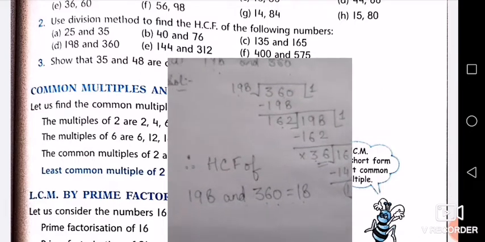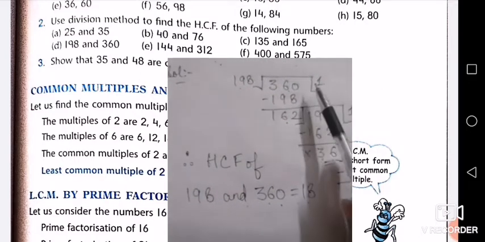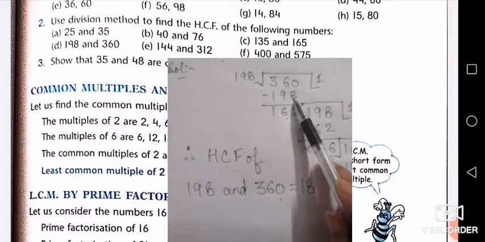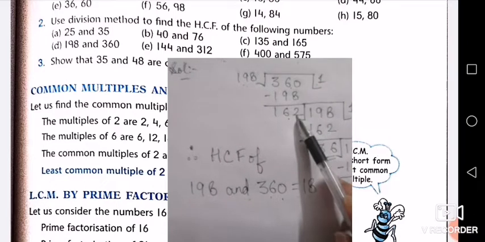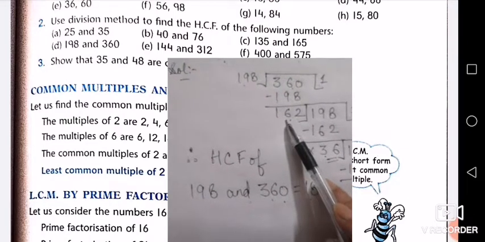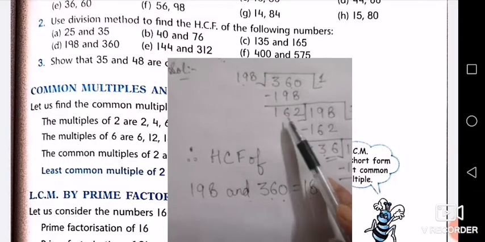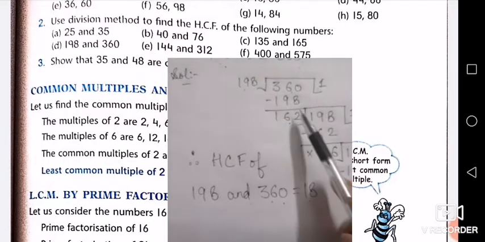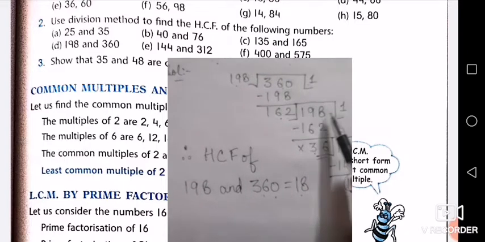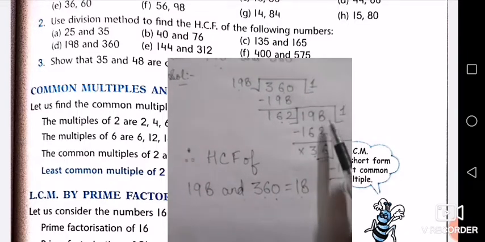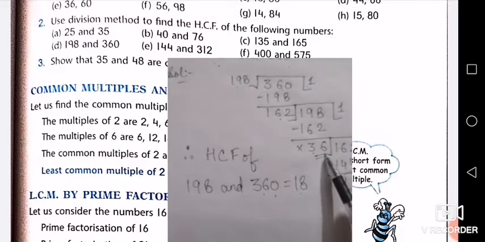So in the first step, it will go 1 time and that will become 198. What is remaining here? 162. Now the remainder of the first step will become the divisor in the second step, and the divisor of the first step will become the dividend. Now it will go 1 time, 162. Do the subtraction, you will get 36.